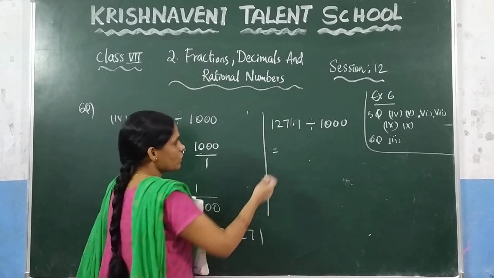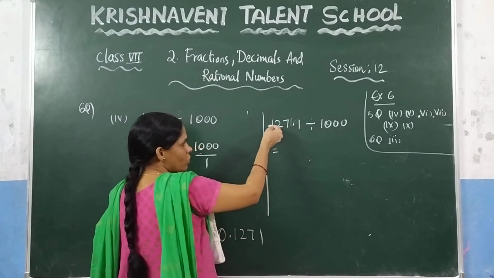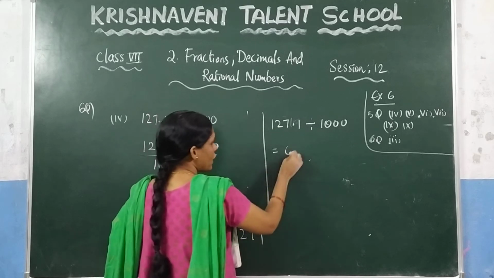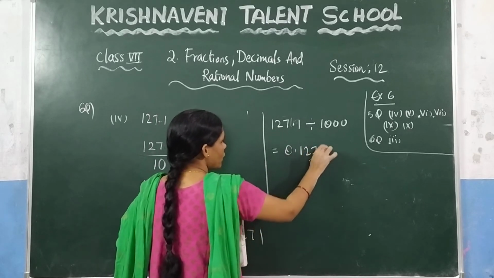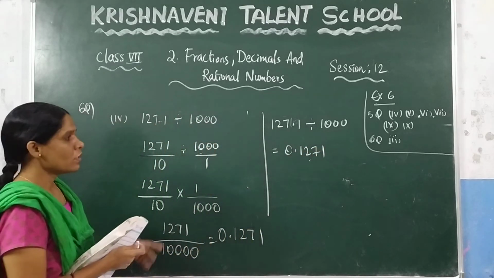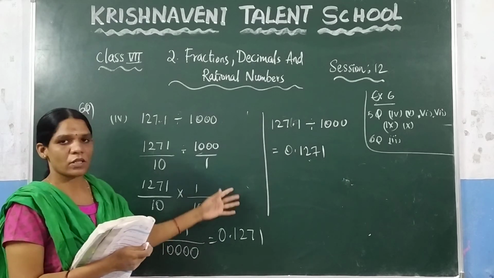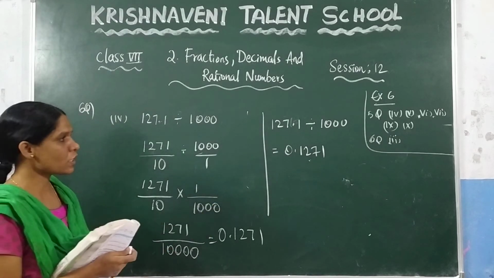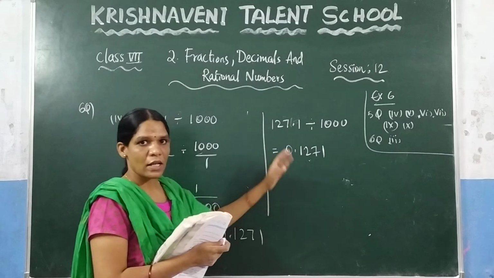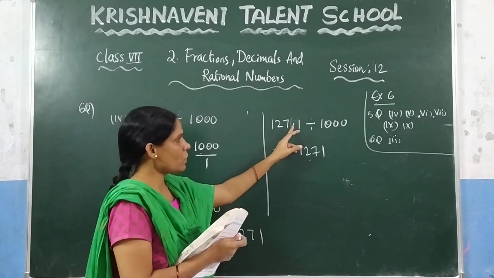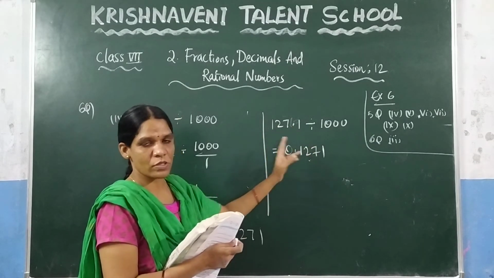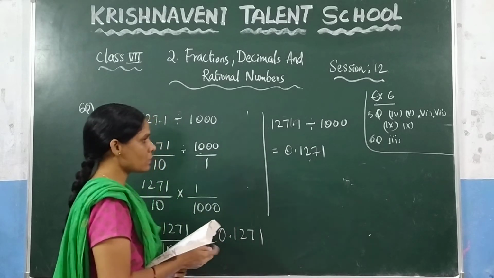So here, shift it 1, 2, 3. So you get the decimal point here. The answer will be 0.1271. So this method also you can follow, or the other method also you can follow. Just count how many zeros are there, and you need to shift this decimal point to the left by that many zeros, and before that you need to keep the decimal point.